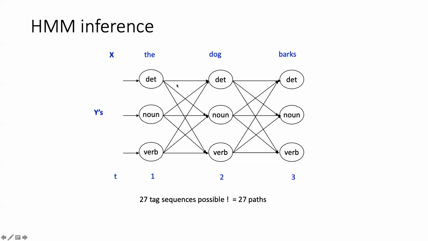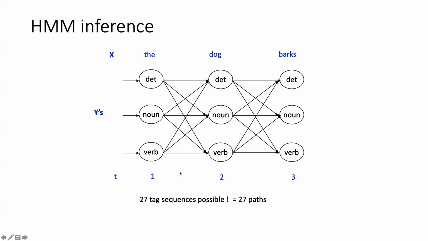For the given sentence, we have to find the best possible state sequence it generated. If we do it in a brute force way, there are 27 possible paths, since there are 3 states and the sequence length is 3.